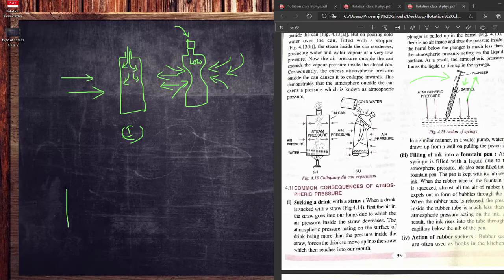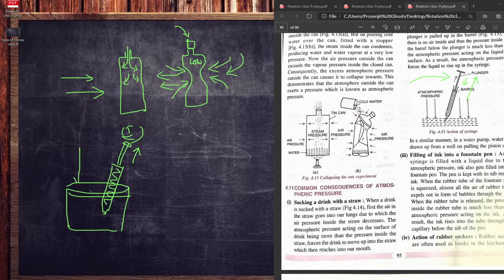So suppose, obviously in Holi, you have a full bucket of color. Now you put it down inside the water. Now what you do, you pull the plunger up. Whenever you pull the plunger up, a vacuum space is created inside of that.